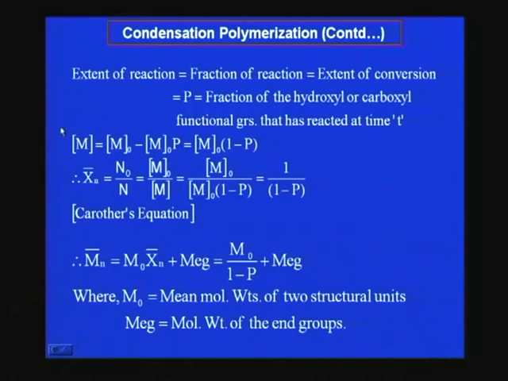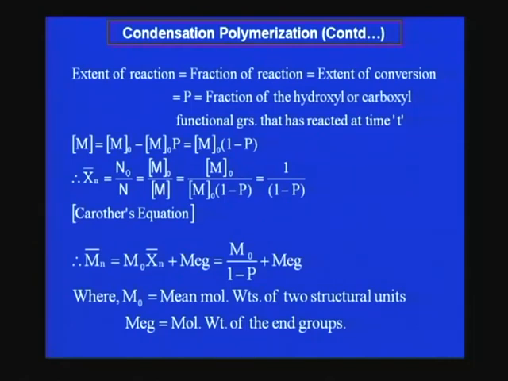Here you see a term m in square brackets, that is the concentration of monomer at any instant of time during polymer growth. How can that be calculated? This is the initial concentration of the monomer, and we have to find out how much monomer has been consumed to form an intermediate or even some polymer.